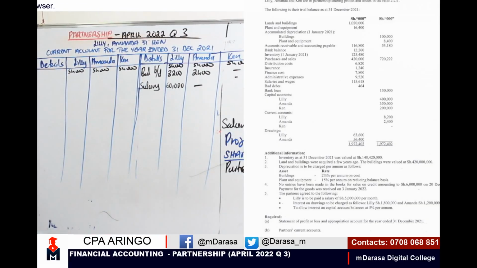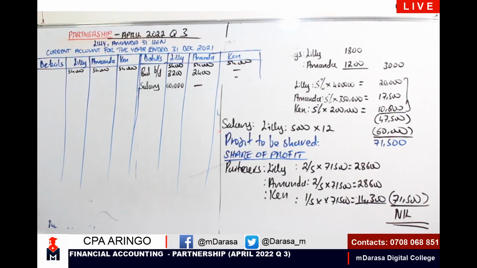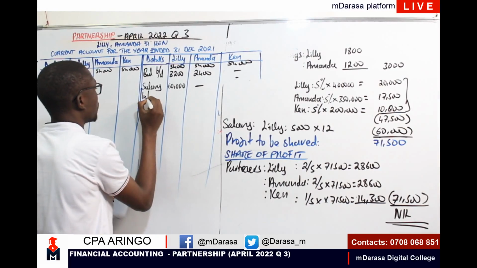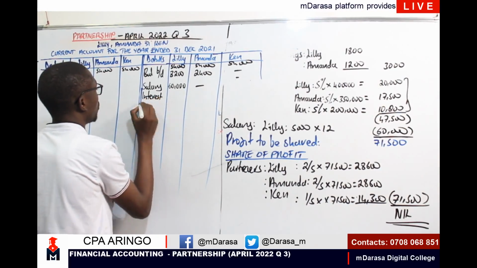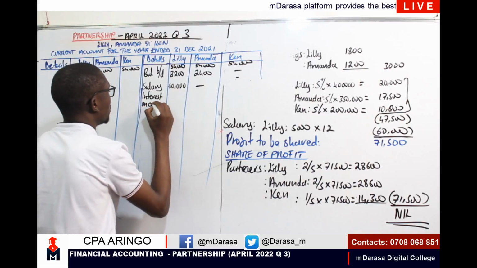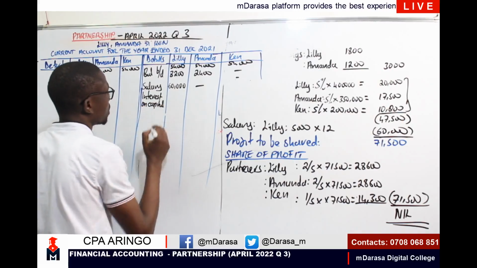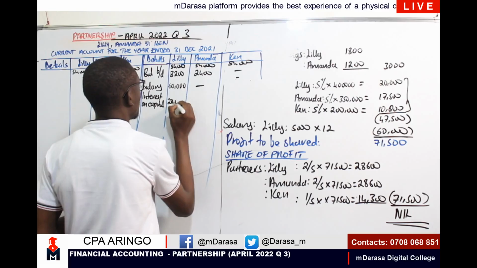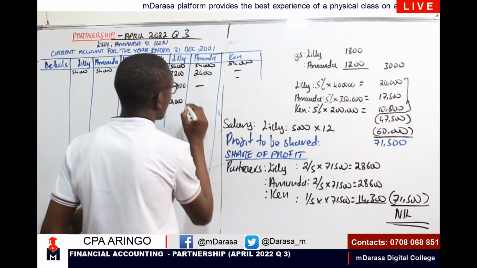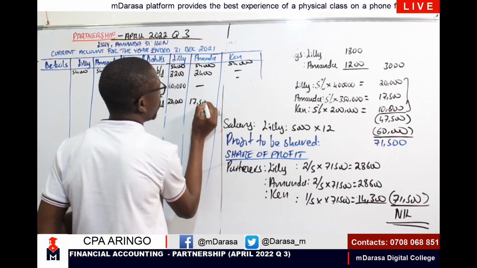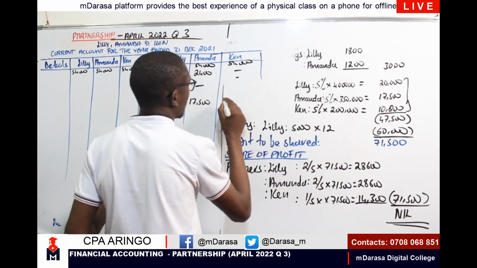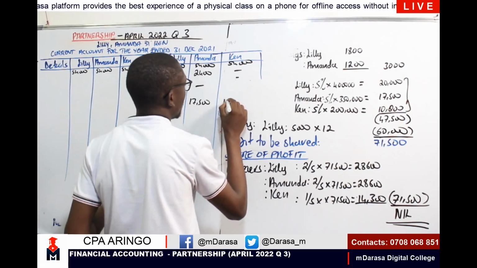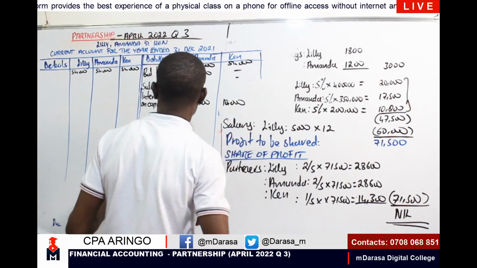So, interest on capital: I'm having 20,000 for Lily, 17,500 for Ken, and 10,000 for Ken. 7,500 for Amanda, and 10,000 for Ken.